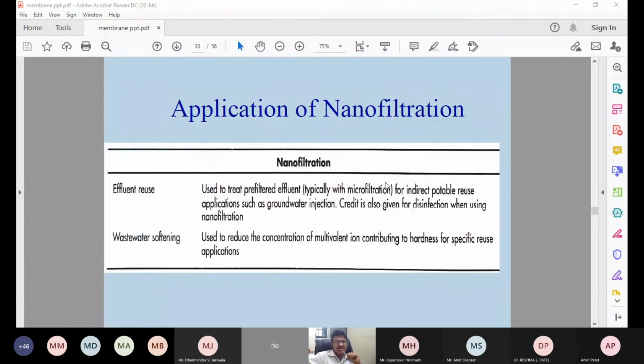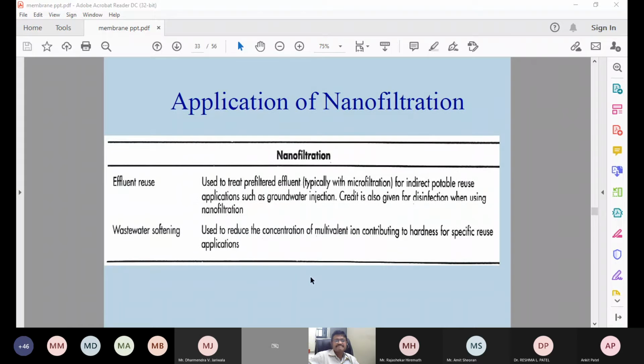Na+ will not cause the hardness. It makes the water salty and increases the dissolved solids, but it will not cause the hardness. Only the multivalent ions cause the hardness. So nanofiltration is used in softening because it is capable of removing multivalent ions.